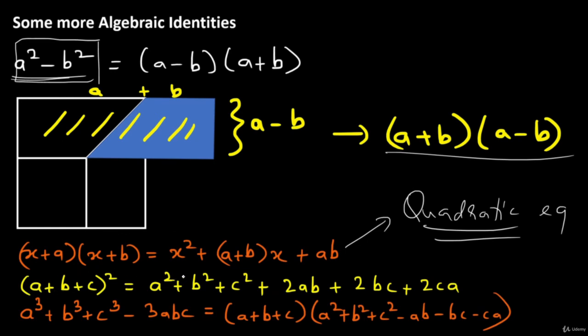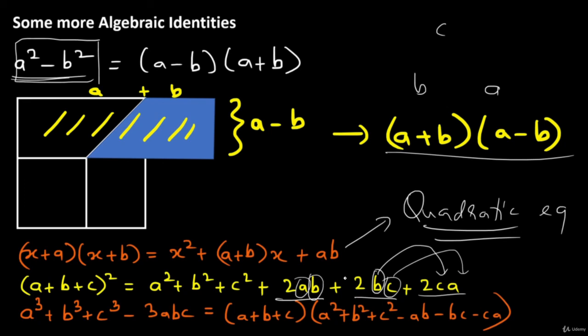Let's try to remember it using the pattern. That's a square plus b square plus c square plus 2ab, and instead of a you put b, you get b over here. Instead of b you put c, so you get bc over here. And again, instead of b you put c, and instead of c you put a to get 2ca. So what we're doing is that's like cyclic nature. You have a over here, you have b over here, and c over here.